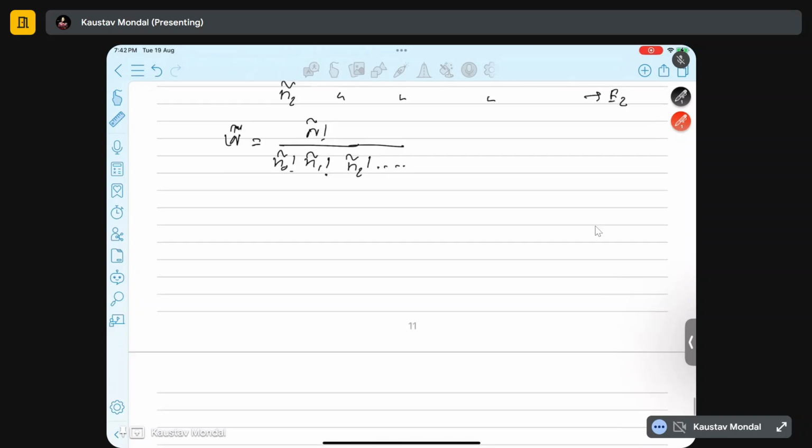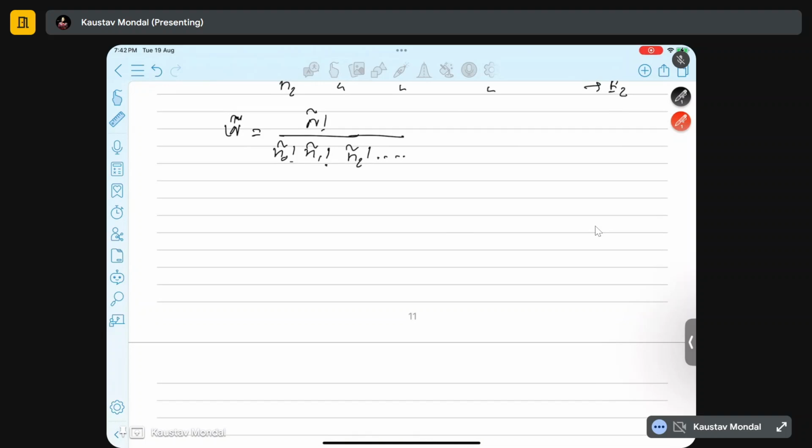And in a similar way, if you find the highest distribution, the most probable distribution of this particular configuration, in the same way that you have done in the very first class, where you take the log of this distribution, then you take the derivative of the log of the distribution equal to 0.